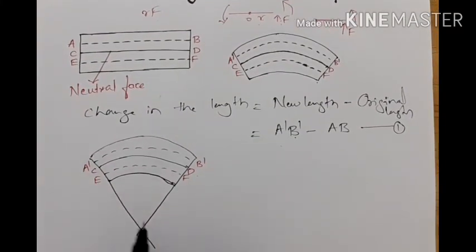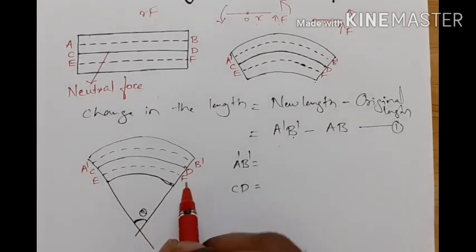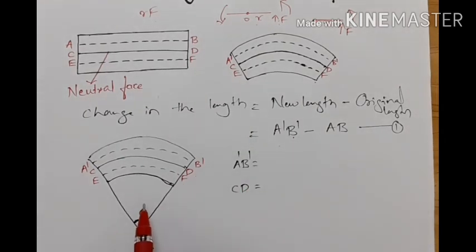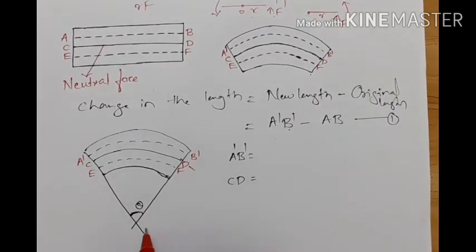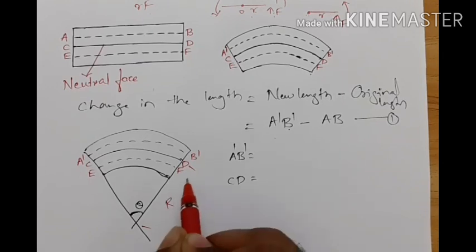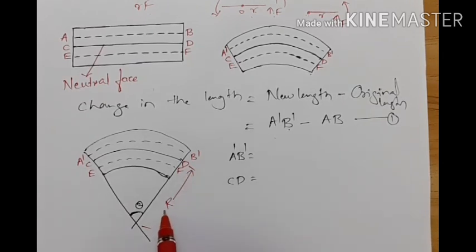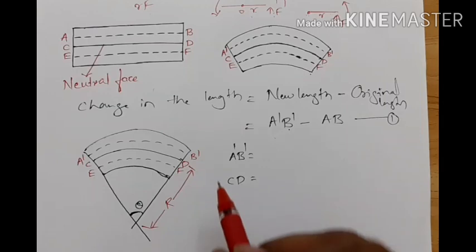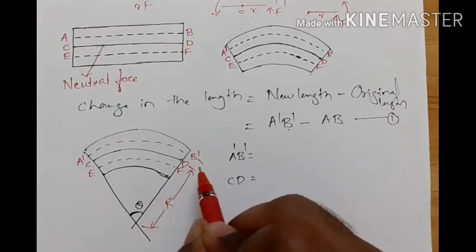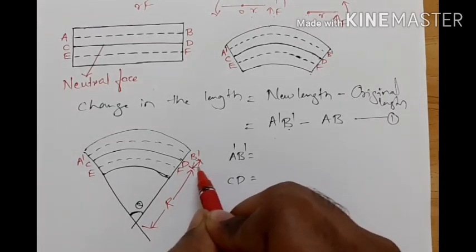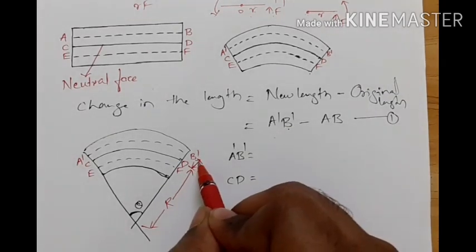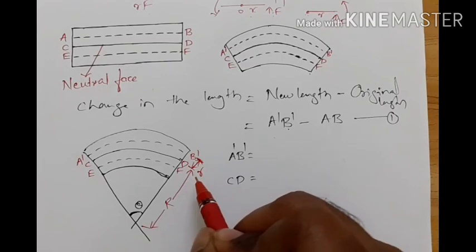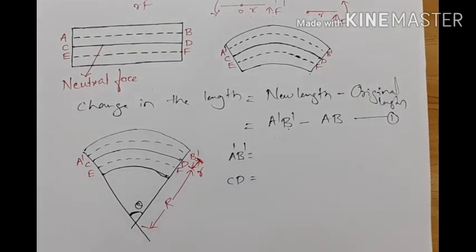It has now become part of a circle, and this will be the radius. This distance is a small r, and this is the capital R.